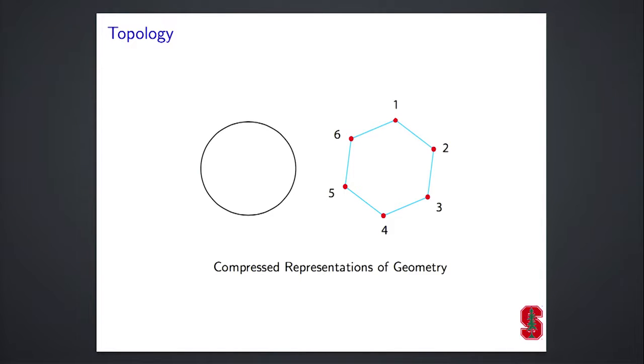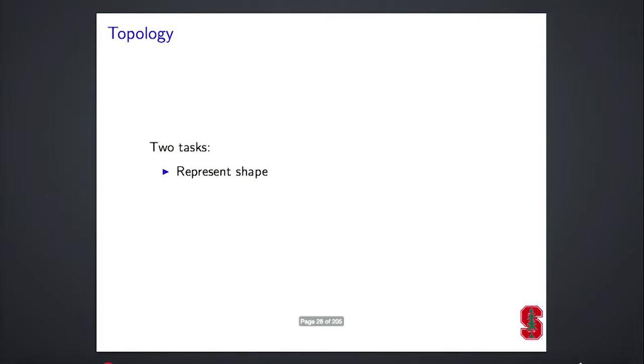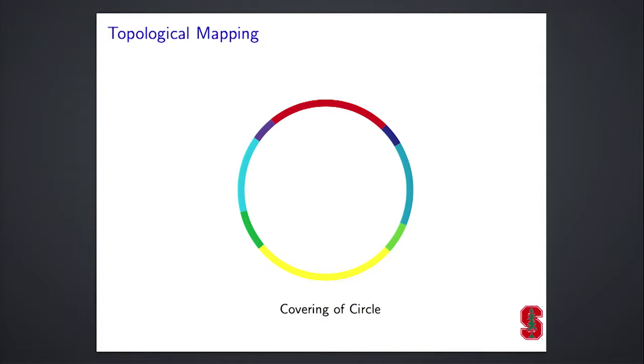And the thing on the right, of course, is a combinatorial object and can be represented very simply with 6 edges and 6 nodes, something that can be put in a single byte. Okay, so again, topology has 2 tasks, I would say: representing or modeling shape, and then measuring shape. We'll try to talk about both of them today.